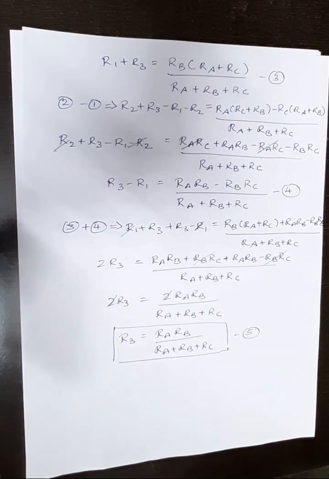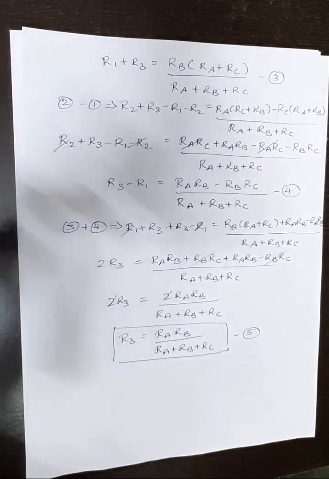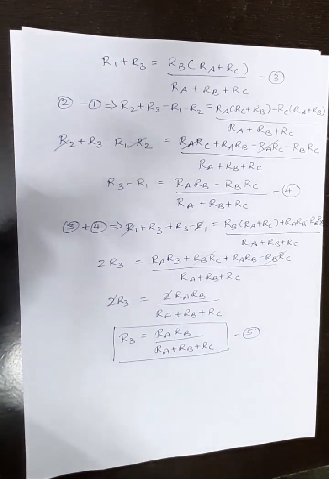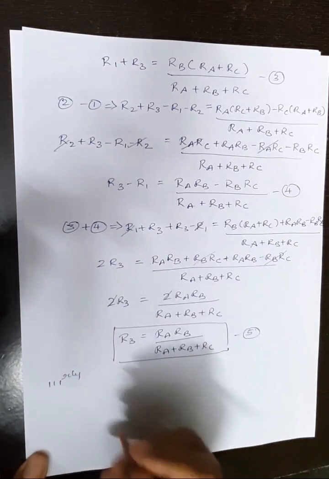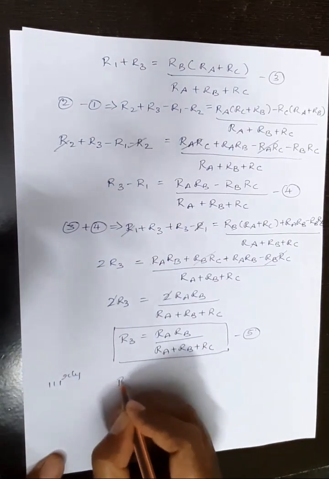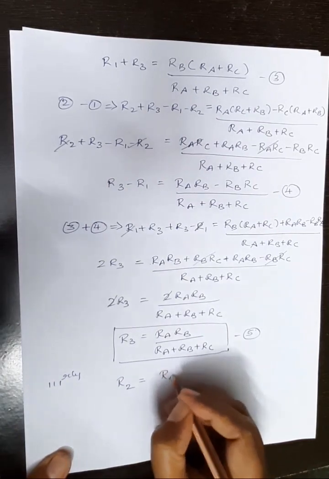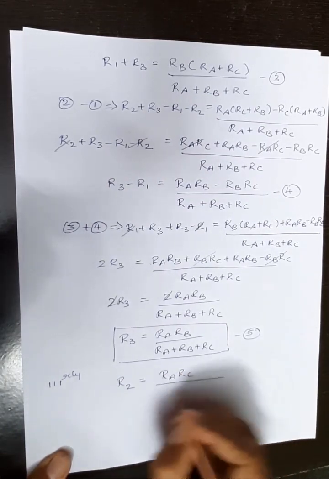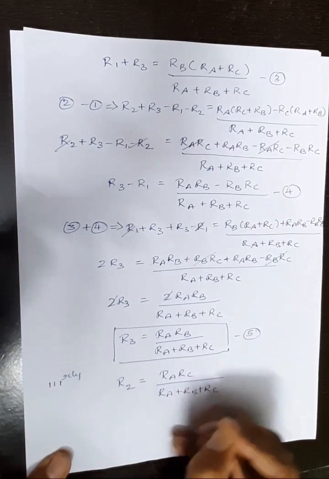So in the star network if you want to find out resistance R3, then in the delta network RA into RB divided by RA plus RB plus RC will be the equation. Similarly you can find R2 and R1 in the same manner. If you find R2 equation will be equal to RA into RC whole divided by RA plus RB plus RC.